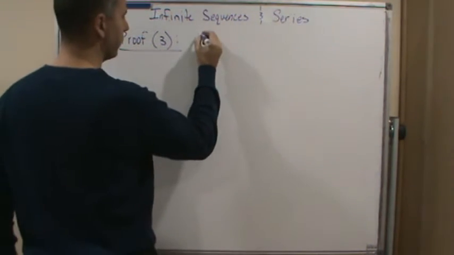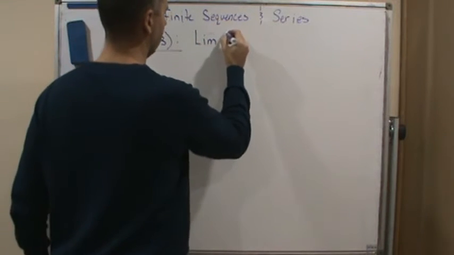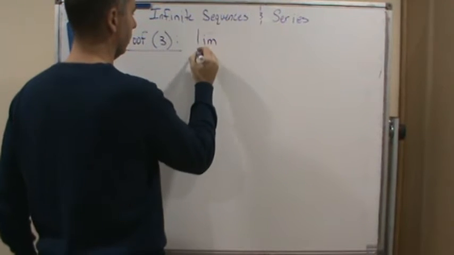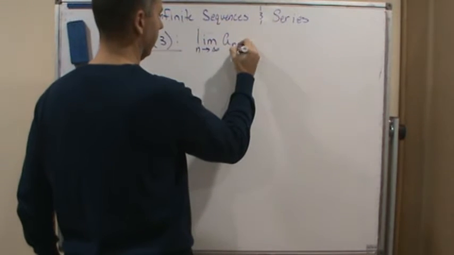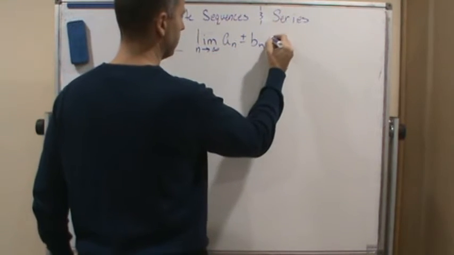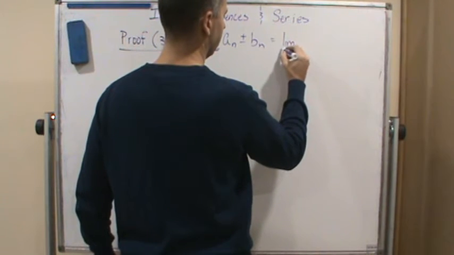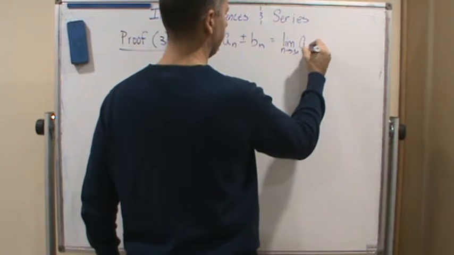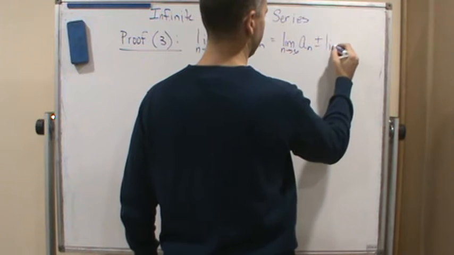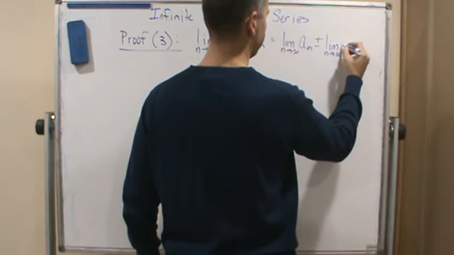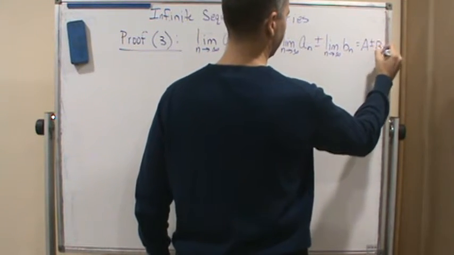The limit law says that the limit as n approaches infinity of a sub n plus or minus b sub n is equal to the limit as n approaches infinity of a sub n plus or minus the limit as n approaches infinity of b sub n, which equals a plus or minus b.